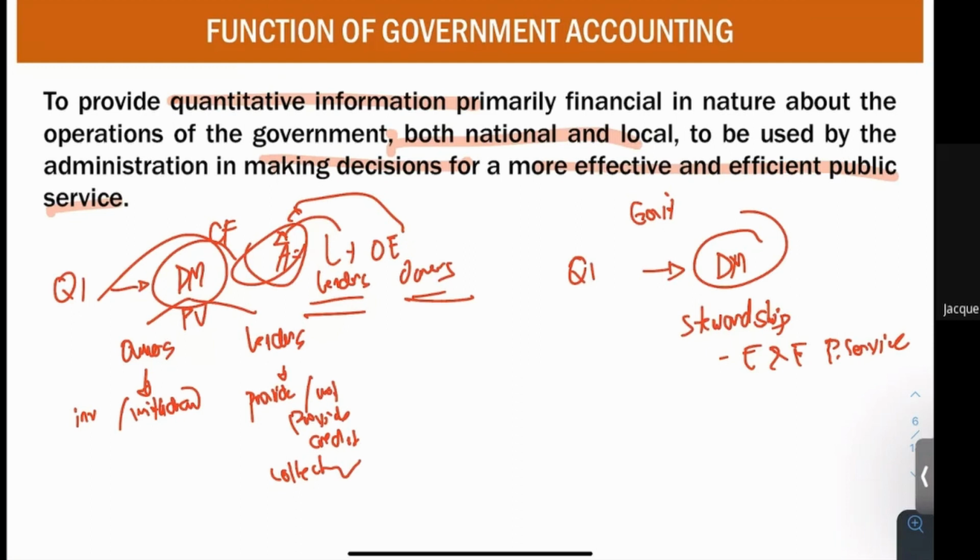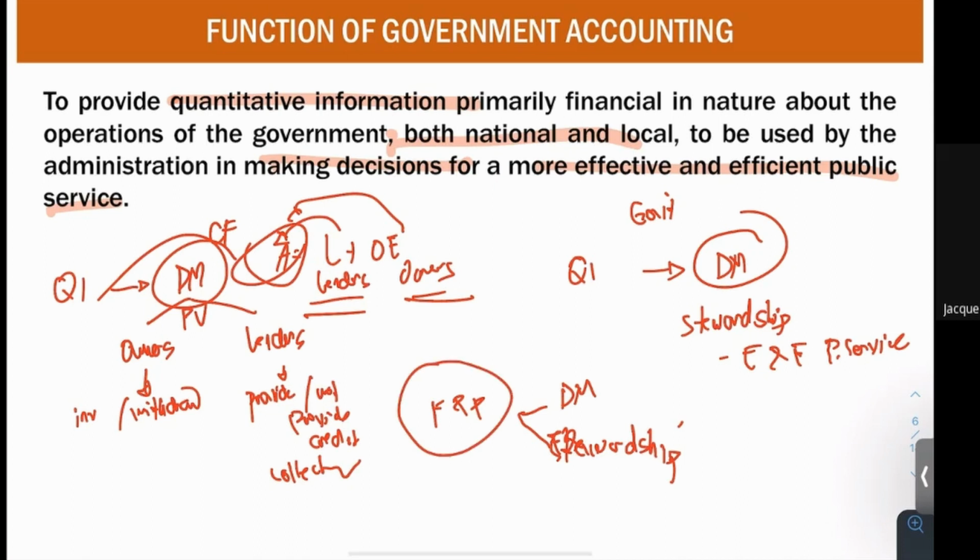As we go through your introduction to government accounting, you will learn that mostly government accounting revolves around your funds and properties, and these funds and properties must be properly utilized, particularly for decision making and for stewardship.